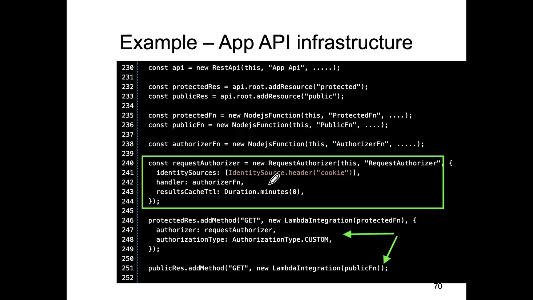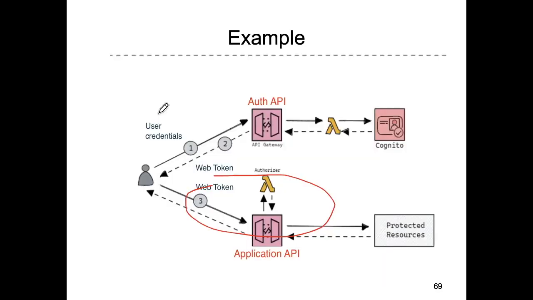Let's see, what am I showing you here? Okay, this is some of the CDK code for the app API. Again, if I go back, it's for this API here.